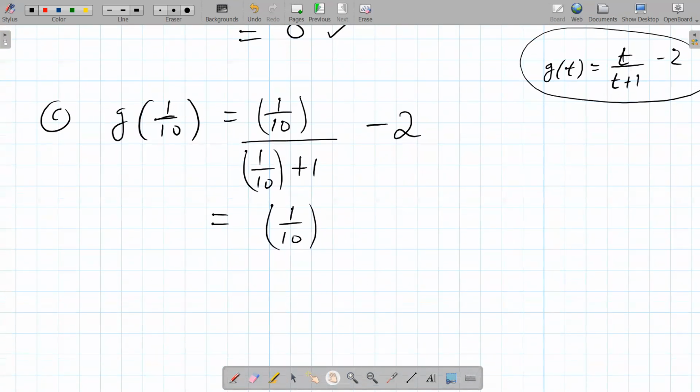For the denominator, if I take the parenthesis off, then I'm going to have 1 over 10 plus 1, and 1 is the same as 1 over 1. And so from here, something like that.